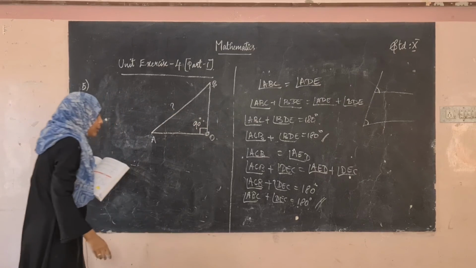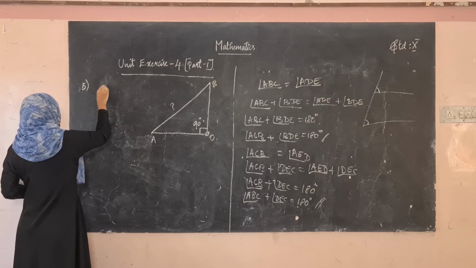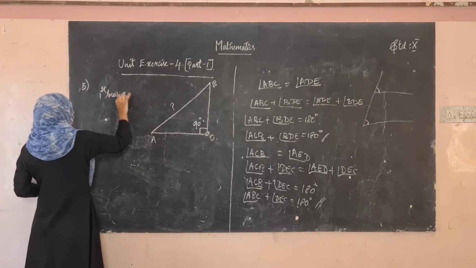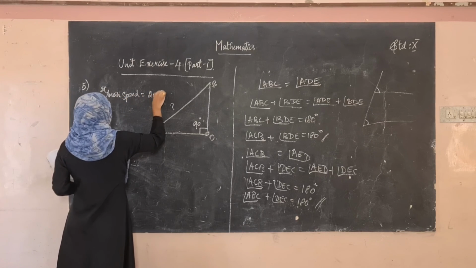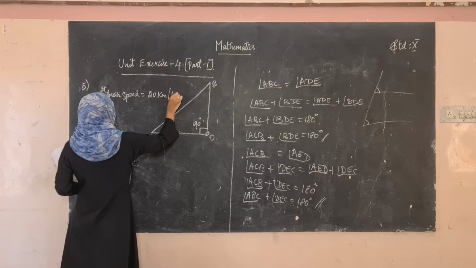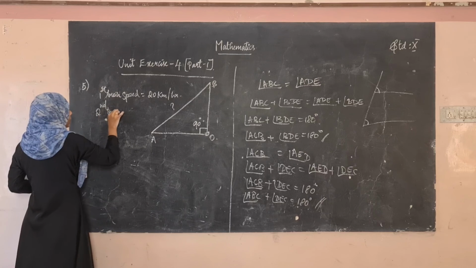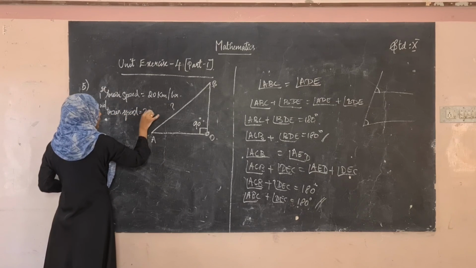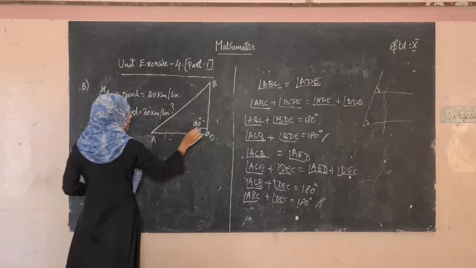The first train speed is equal to 20 kilometers per hour, and the second train speed is equal to 30 kilometers per hour. Now we want to find this distance.